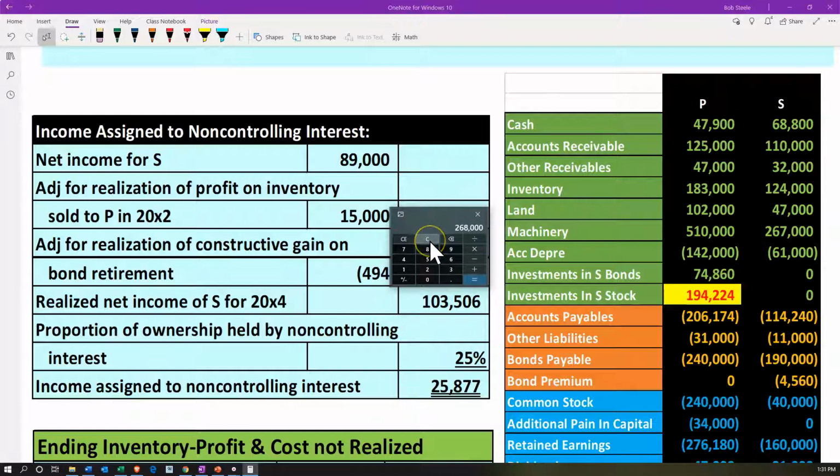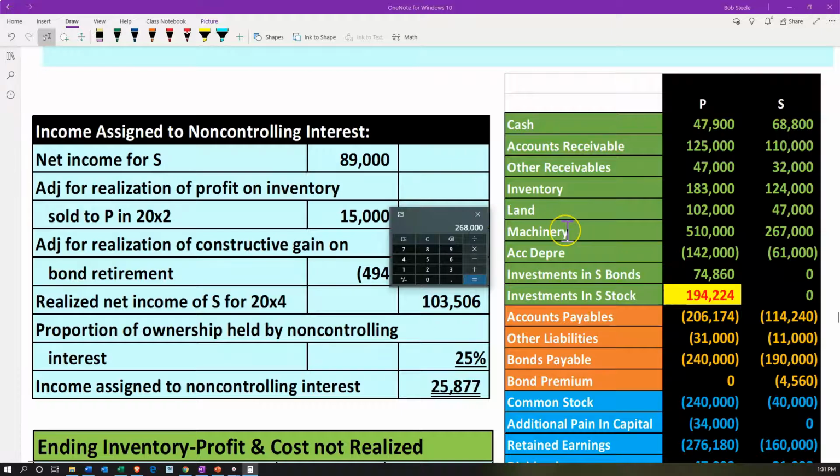So we're going to say, all right, that 268,000, we should be able to calculate as assets minus the liabilities, which would be the 68,800 plus the 110,000 plus 32,000 plus 124,000 plus 47,000 plus 267,000 minus 61,000 minus the 114,240 minus 11,000 minus the 190,000 minus the 4,560.